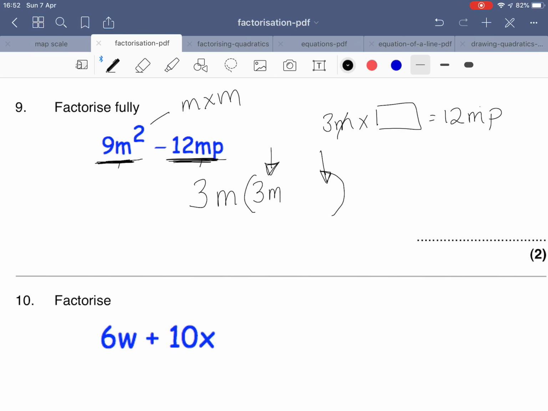So I've already got the m, so I don't need an m, but I need the p. 3 times what is 12 is 4, so it's going to be 4p in there, and in the middle, because I've got a negative, it's going to be minus. So we got 3m(3m minus 4p).